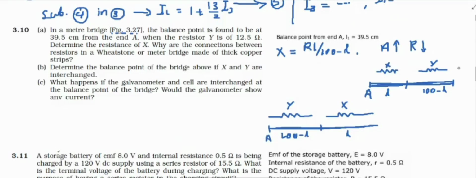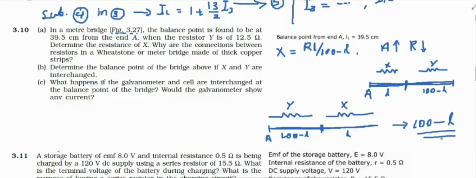When X and Y are in the first arrangement, suppose L is equal to 40 centimeter, then 100 minus L is 60 centimeter. Now when interchanged, the first part will be 60, second part will be 40. So this is the balance point now. That means if it was L in the first arrangement, it becomes 100 minus L in the second arrangement. So the answer: the balance length becomes 100 minus L.